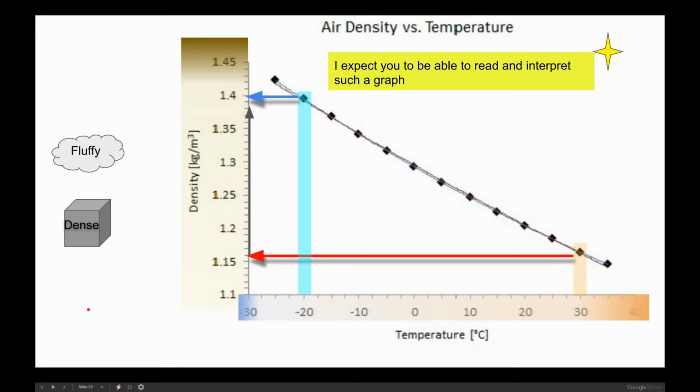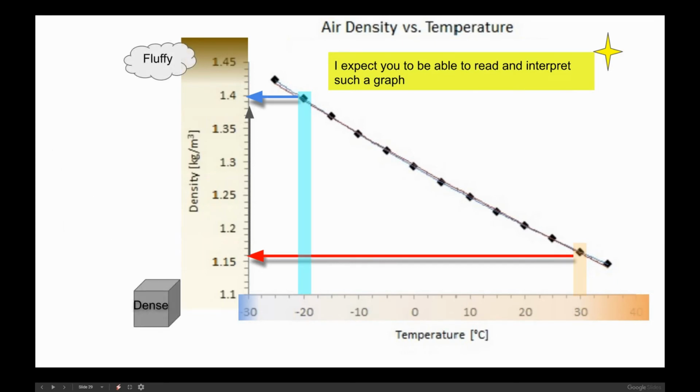So if you were to label fluffy and dense now on this graph, where would you put these terms? You think you figured it out? This is where most people will put them. First chance I get in class for 30 years, 90% of students will immediately say it's less dense up here and more dense down there.